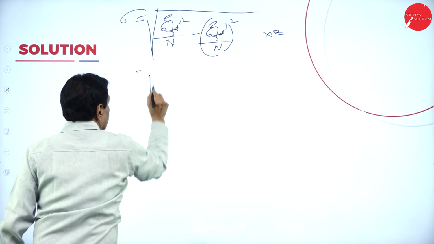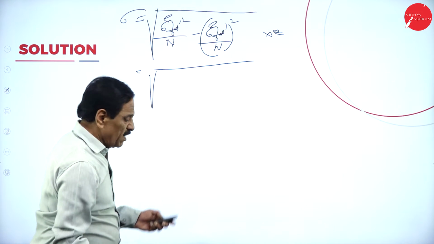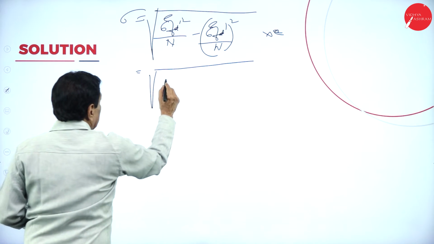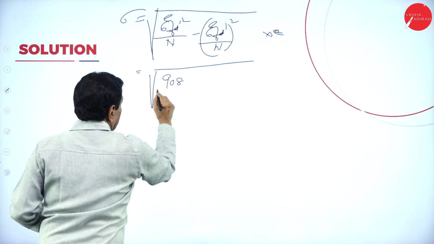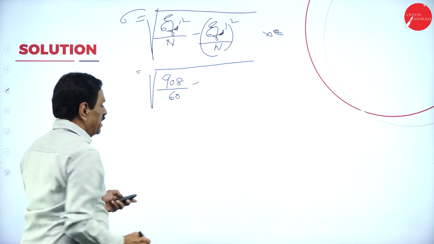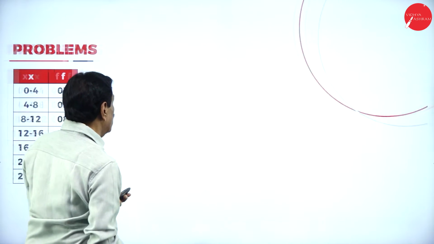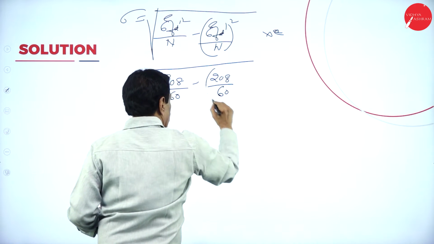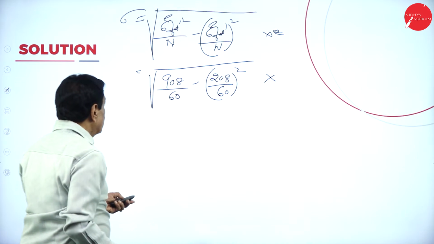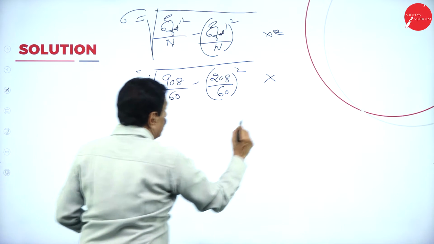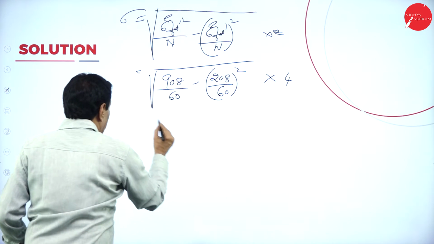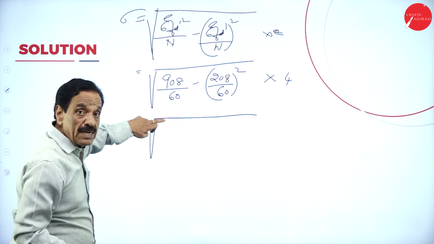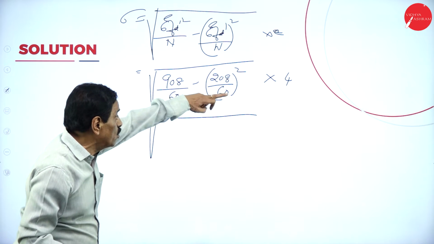Root of 908 divided by 60 minus 208 divided by 60, whole square, into the class interval, which is 0 to 4, means 4. Simplify.